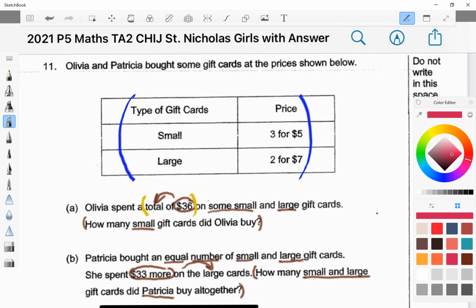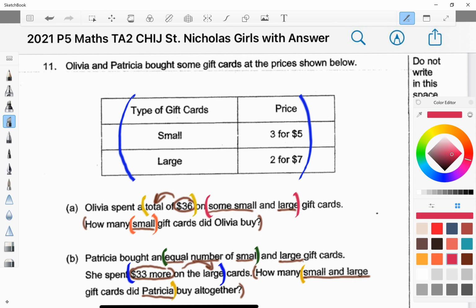So she bought some small and large, followed by orange, small gift cards from Olivia. Then back to green, and that is for Patricia. Equal numbers of small and large gift cards. Blue again, $33 more on the large. And yellow, small and large, bought by Patricia.